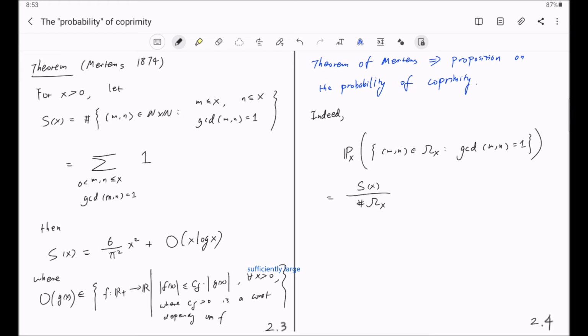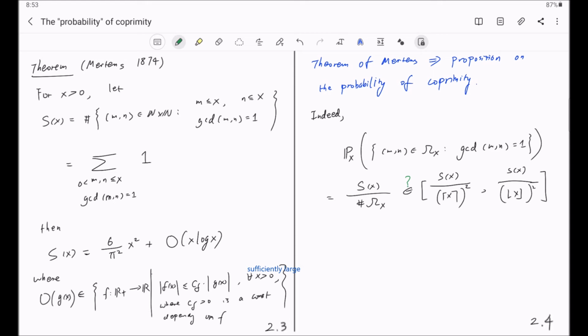And I claim that this number will be in the interval from S(x) over the square of the ceiling of x to S(x) over the square of the floor of x.